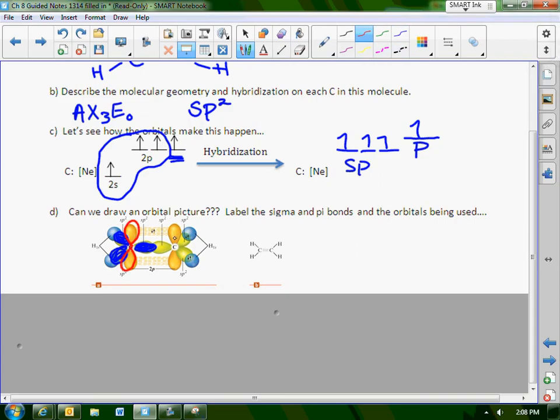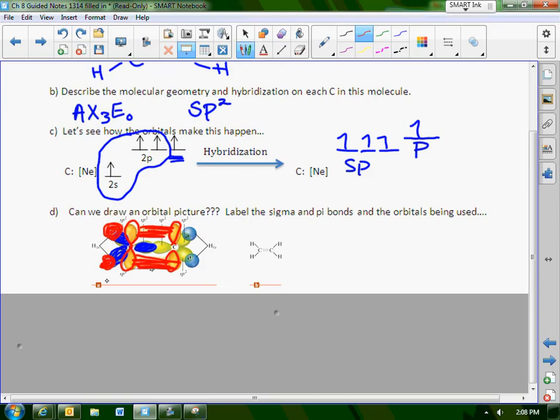This is a pi bond, this is a pi bond, creating our double bond here. Okay? So this is one of the bonds, and this cloud is the other bond. And the hydrogen, of course, is not hybridized. It's just the 1s here and the 1s here. But this is sp2 hybridized, sp2 hybridized, sp2 hybridized, and this is the p electron.